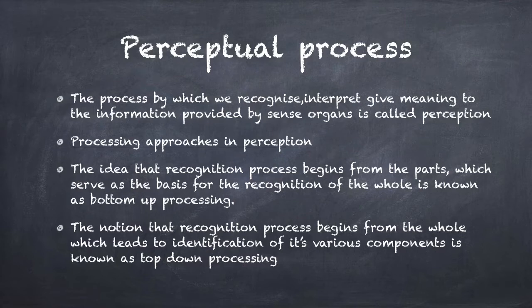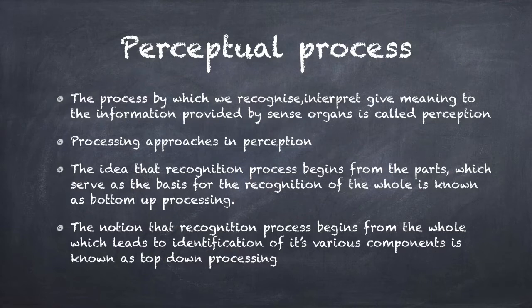So these are the sub processes of perception. First, you receive the stimulus through sensory receptors, then you attend to it, then the information goes to your central nervous system, where learning, memory, and other psychological processes help us perceive this particular stimulus and draw a meaning out of this whole experience.